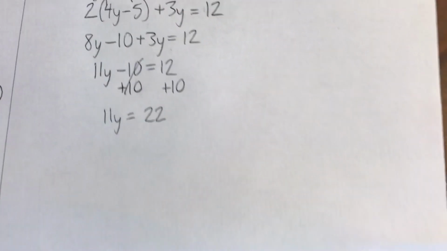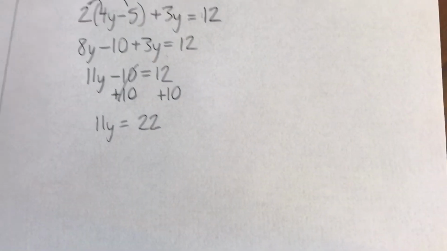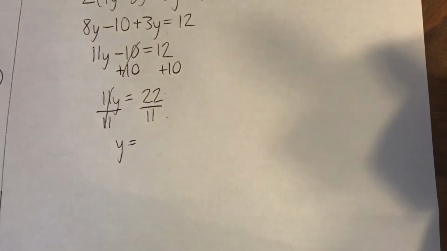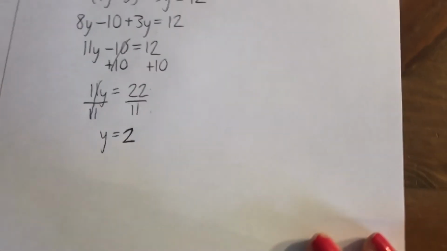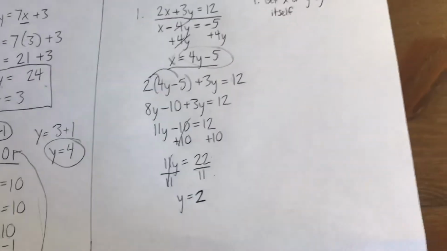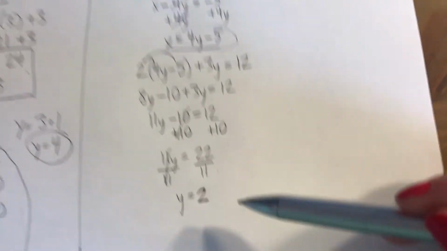The opposite of multiplication is division. So I'm going to divide by 11. Divide by 11. Y equals 22 divided by 11 is 2. If you need to use your calculator for any of this, definitely do that. So after all this work, I've found that y equals 2.